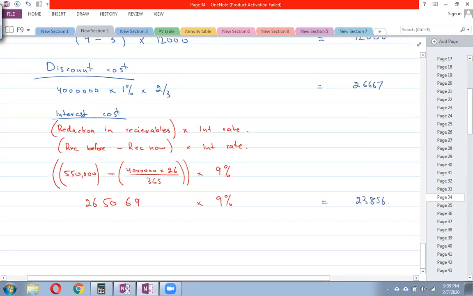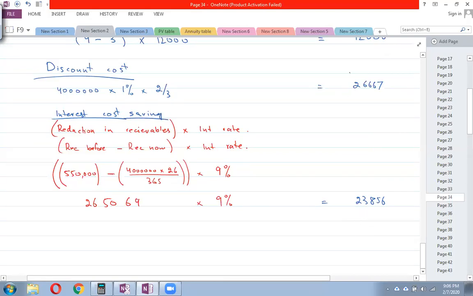Now look, 23,856. That's the interest cost. But that's not the interest cost as well, because receivable has reduced. So interest cost will be reduced by this much. So we'll say this is interest cost savings. The interest cost will be reduced by this much.